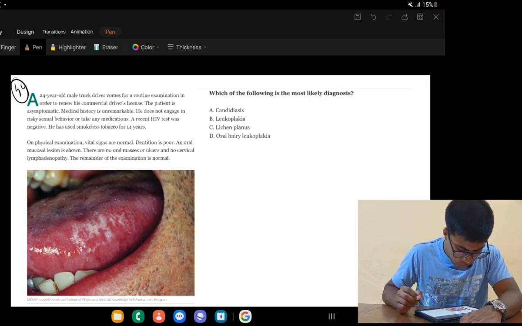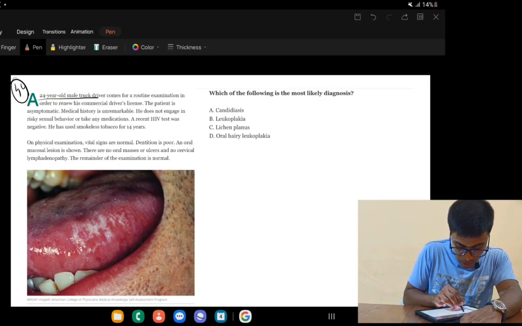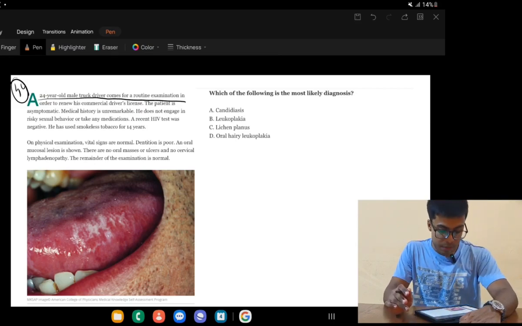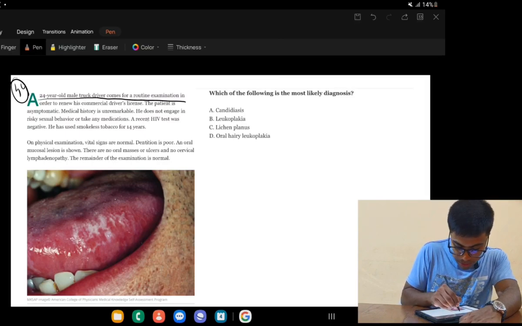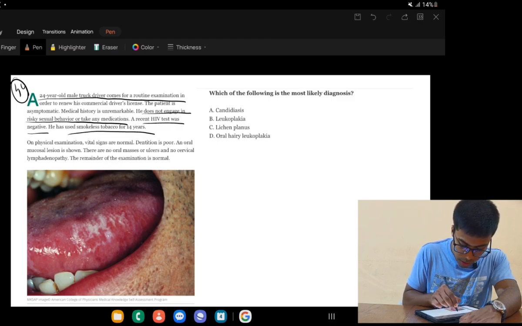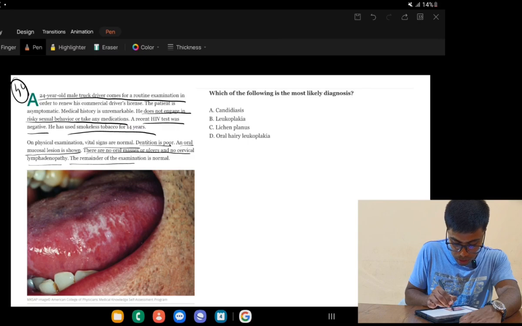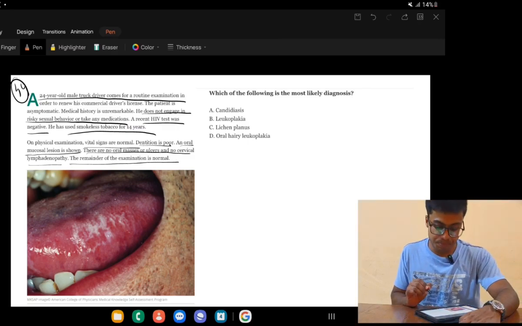This is the case of a 24-year-old male truck driver who comes for a routine examination in order to renew his commercial driving license. The patient is asymptomatic, medical history is unremarkable, he does not engage in risky sexual behavior or take any medication, HIV test was negative, smokeless tobacco use for 14 years, vitals are normal, dentition is poor and the oral mucosa is seen, there is an oral mass, no cervical lymphadenopathy, the remainder of the examination is normal.